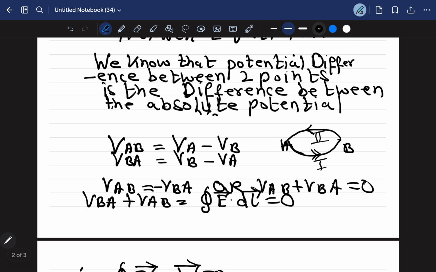So we are moving from A to B by path 1, so VAB equals VA minus VB. Then we are coming back to A, so it is VBA, VB minus VA. The summation of this, as I told, VAB is equal to negative of VBA. So VAB plus VBA equals 0. So the closed integration of E dot dl is equal to 0.